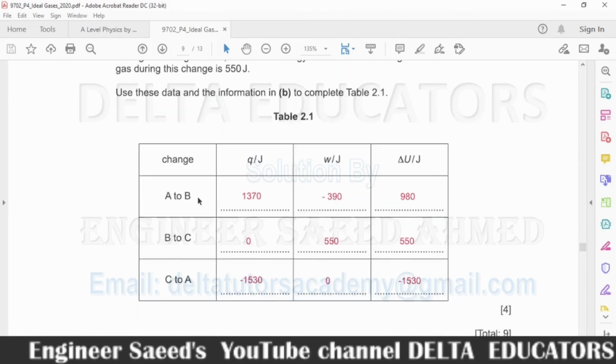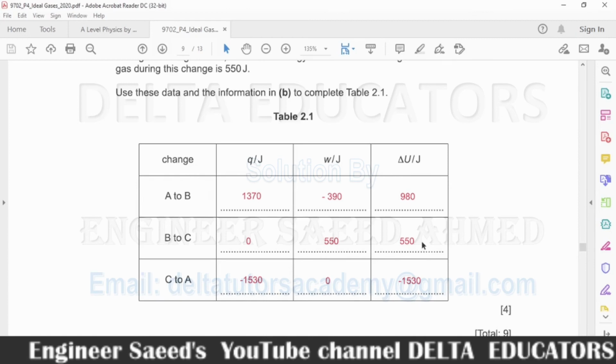Now here from A to B, we have found that change in internal energy is 980 joules. From B to C, it is 550 joules. So from C to A, it should be equal to the sum of these two internal energies but with negative sign.